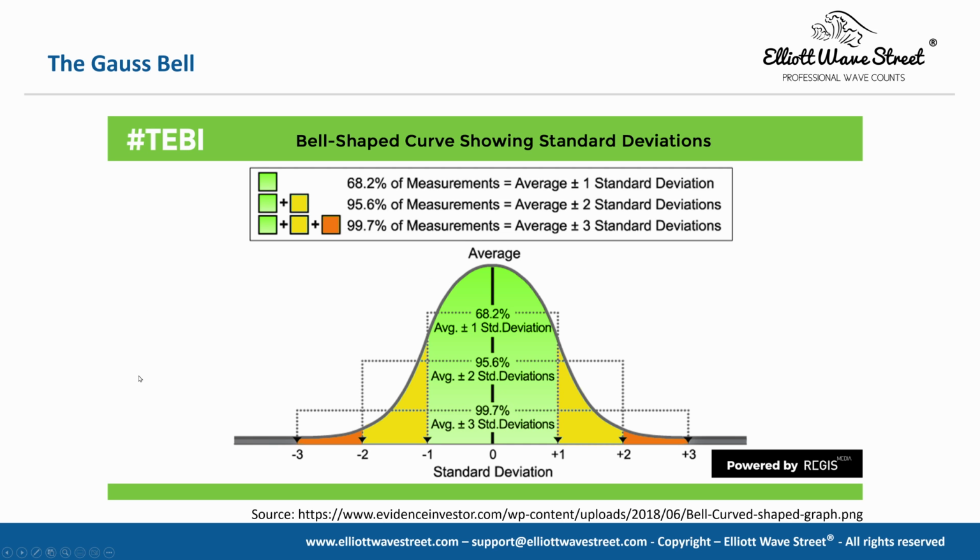The plan tonight is explaining the volume profile in an easy way, in a practical way. So the volume profile is coming from the Gauss bell. The Gauss bell is a tool to organize data. So you can think of any set of data that you need to organize.